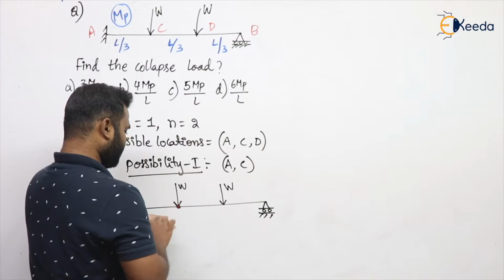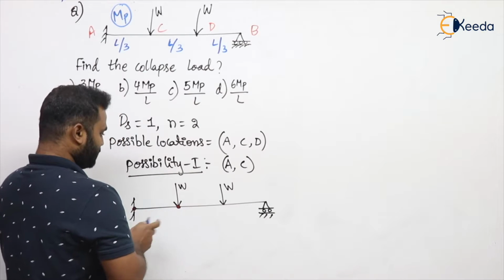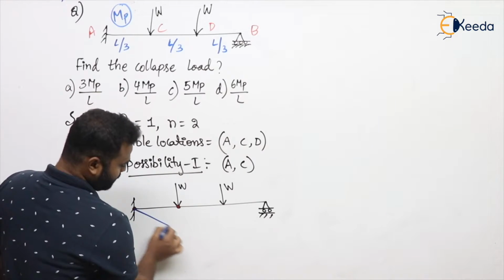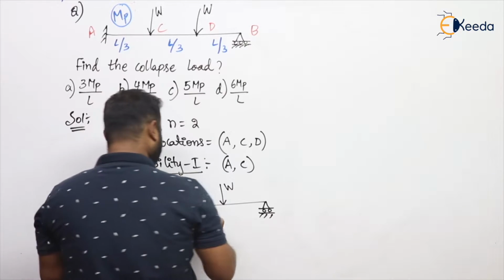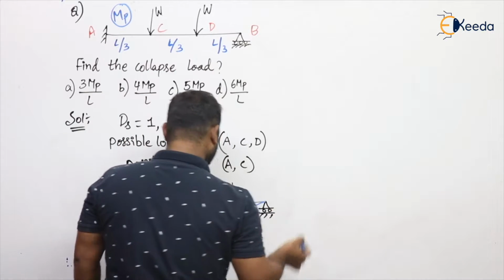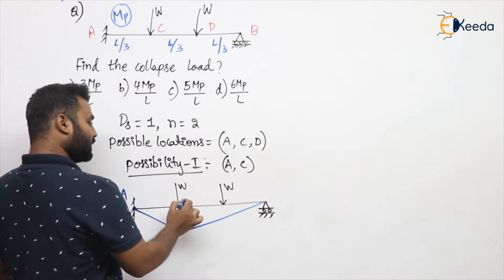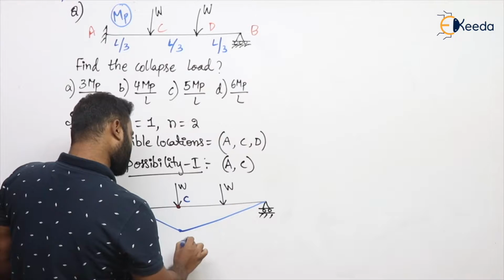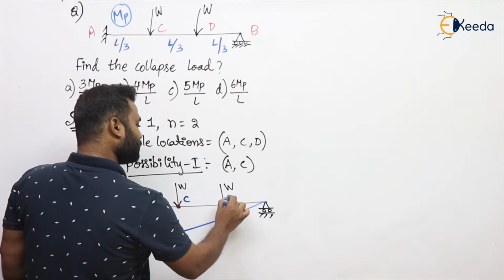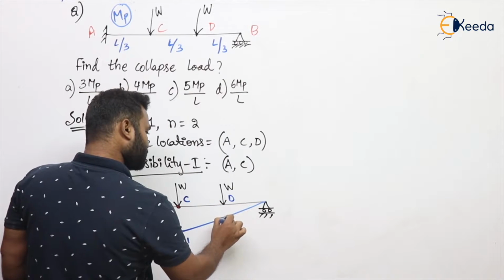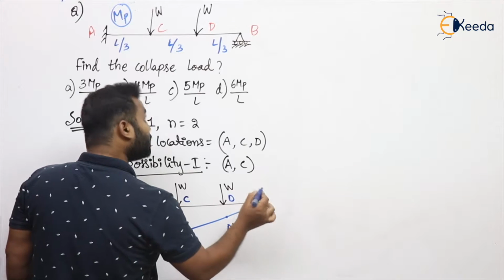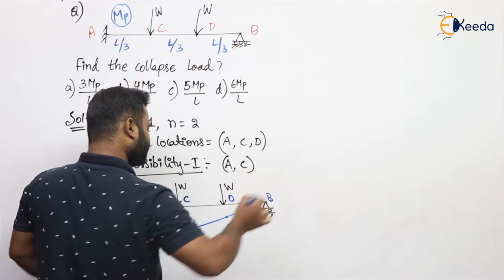Then the mechanism diagram will be somewhat like this. So this is A, this is C, and this is C dash, this is D, and this is D dash, and this is B, right?